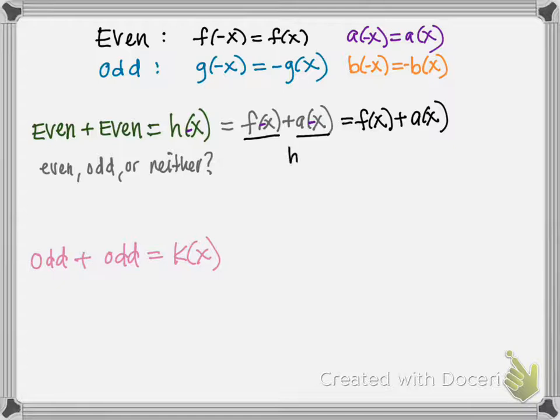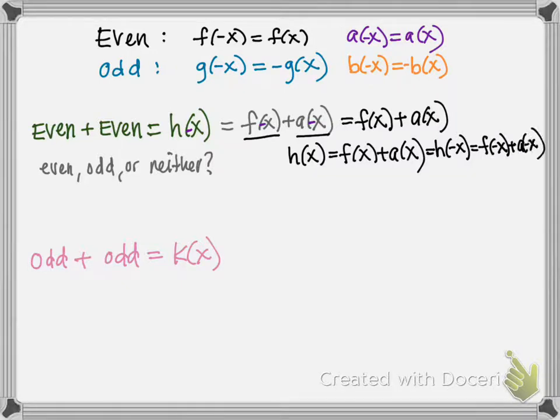So h of x, which is the sum, is the same thing as f of x plus a of x, which is the same thing as plugging in a negative x, right? f of negative x plus a of negative x. So this is even.